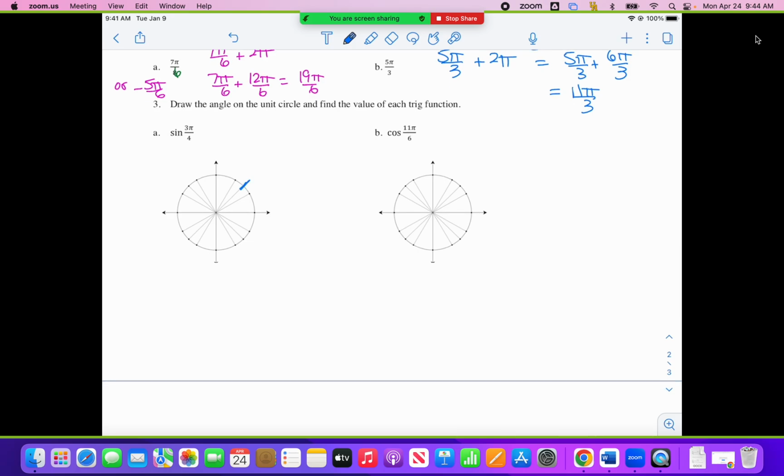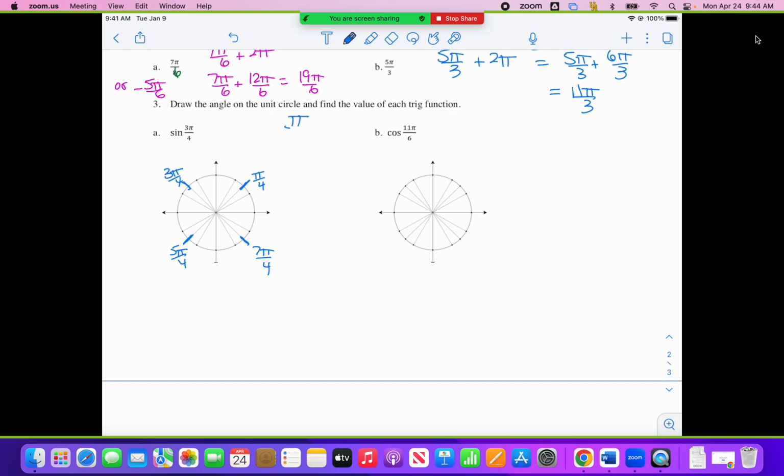Here's what I want you to remember: pi over 4, 3 pi over 4, 5 pi over 4, 7 pi over 4. I strongly recommend you just memorize the pi over 4s. It goes 1, 3, 5, 7 in the middle, 1, 3, 5, 7 with pi over 4.